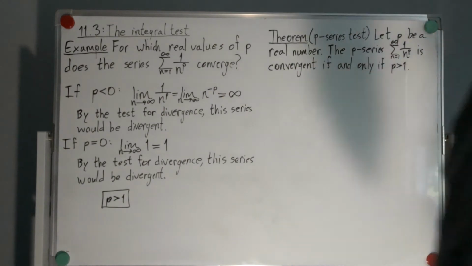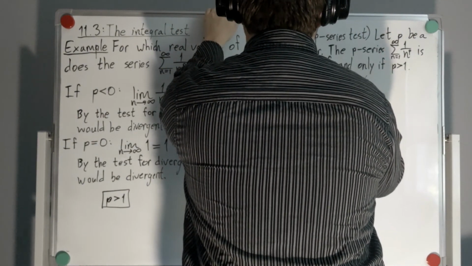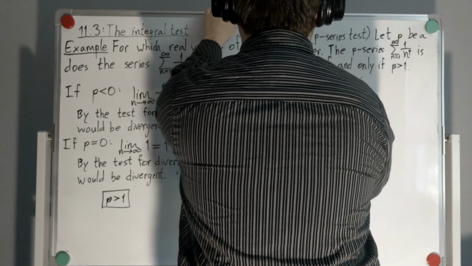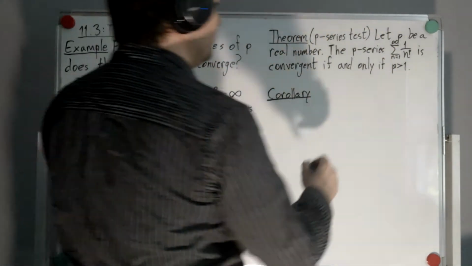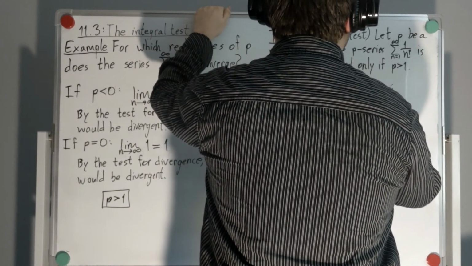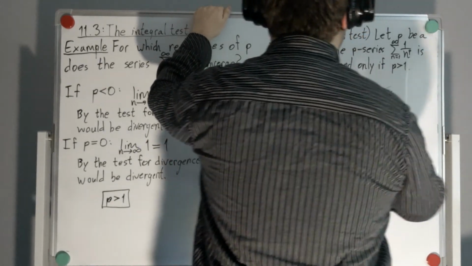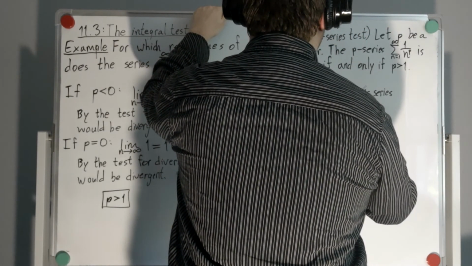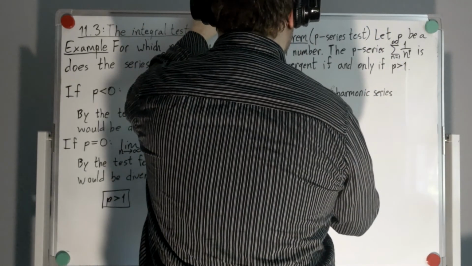And this comes with the following corollary. A corollary is a statement that's implied by another statement. The harmonic series, the sum from n equals 1 to infinity of 1 over n, has to be divergent.